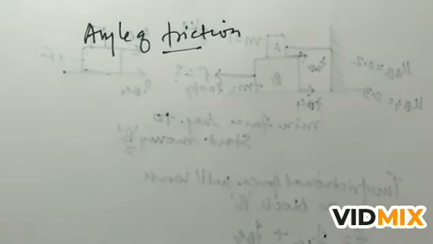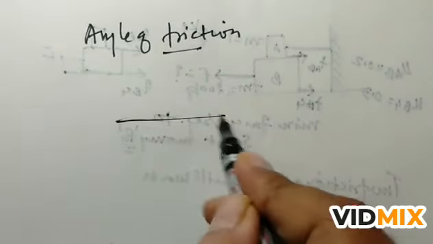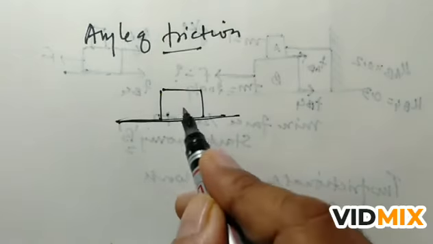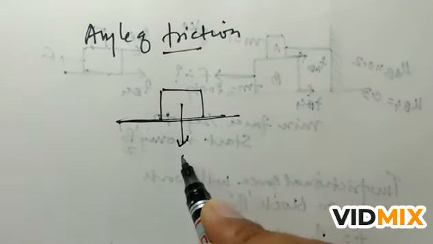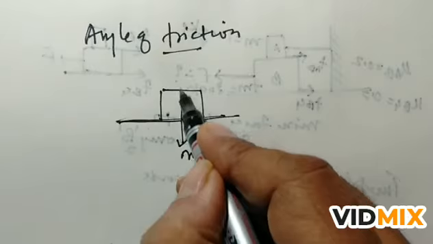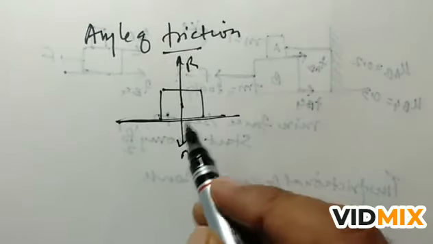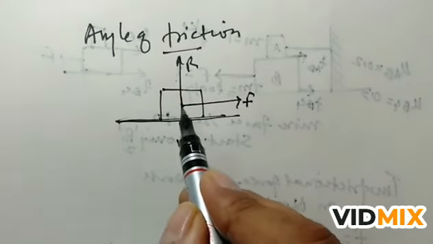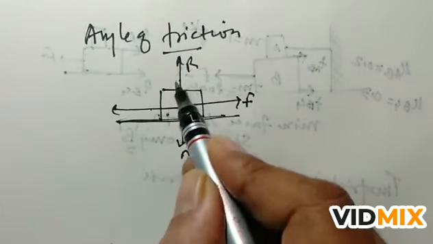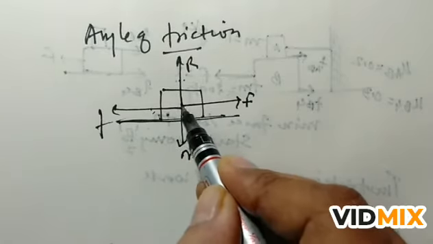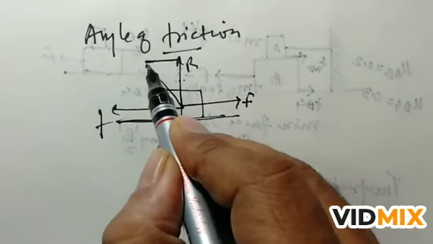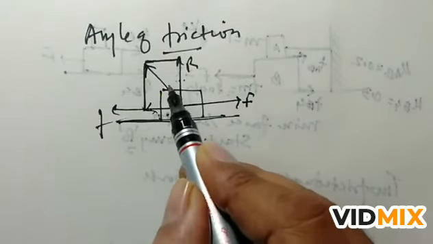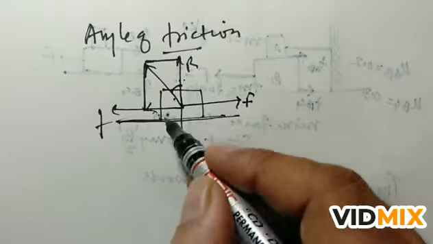So angle of friction is, suppose there is a block on the floor or any other surface and its weight is downward mg and the normal reaction is R, and R is equal to mg, and some force is applied in this direction. So the friction is in this direction, and the resultant of these two, if you use the law of parallelogram, makes this angle theta here.